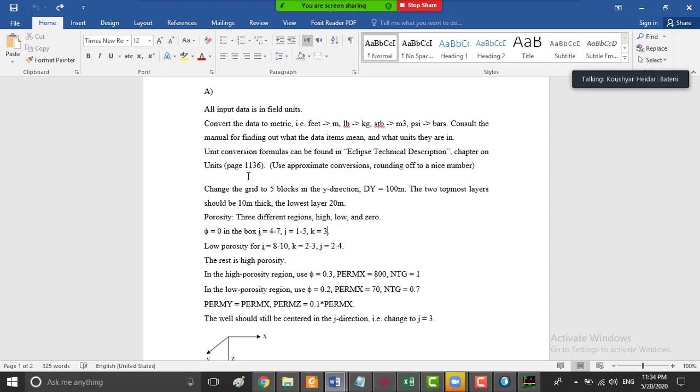Right? Now, the zero porosity happens where? It happens in the box I from 4 to 7, J from 1 to 5, and K equal to 3.